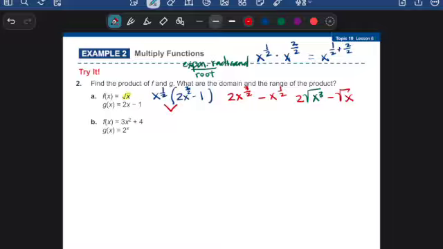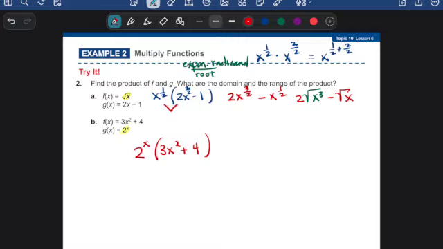Okay, let's try letter B, and I'm going to use the area model for this one. Actually, I don't need to since I just have one term for g of x. So let's just write it algebraically. 2 to the x times 3x squared plus 4. I'm going to be multiplying.